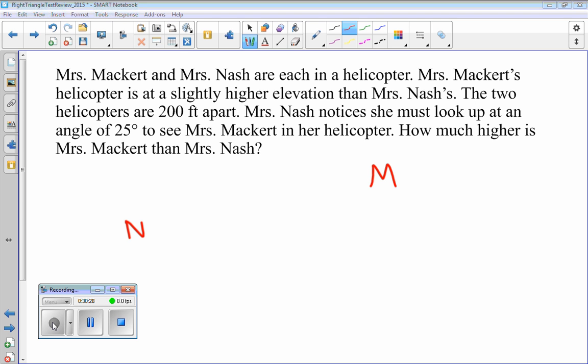It's just higher up, so I know that. The 2 helicopters are 200 feet apart, so we know that this distance is 200. Miss Nash notices she must look up at an angle of 25 degrees to see Miss Mackert and her helicopter. So we have 25 degrees of angle of elevation. Would you agree with that so far?